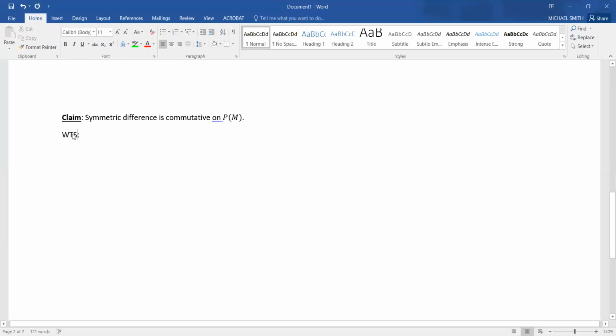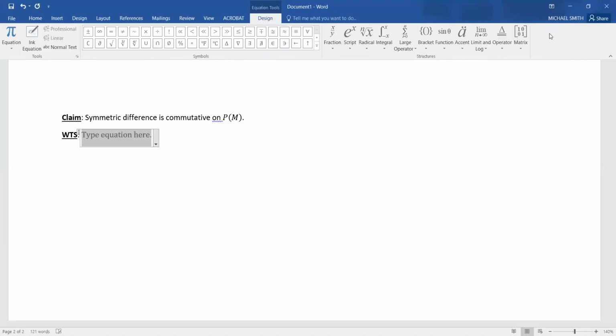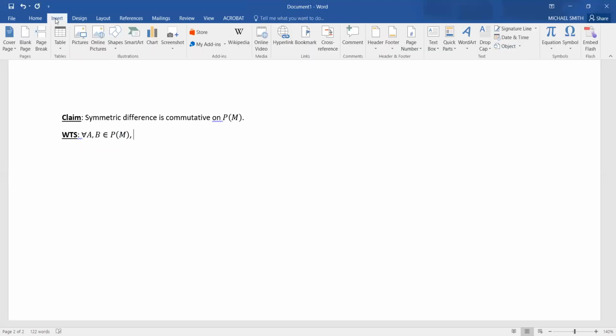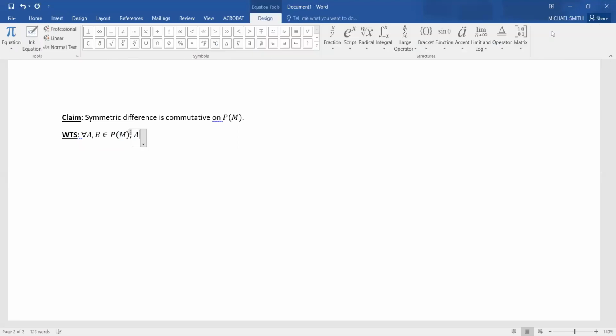Let's apply the definition of commutative to the set P of M and the operation symmetric difference. So first we think, what does it mean if we're in P of M? It means we're subsets of M, so we're sets. So we should use capital letters for our A and B. For all A, B in P of M, now the operation is going to be symmetric difference. So I want to show that A symmetric difference B equals B symmetric difference A.